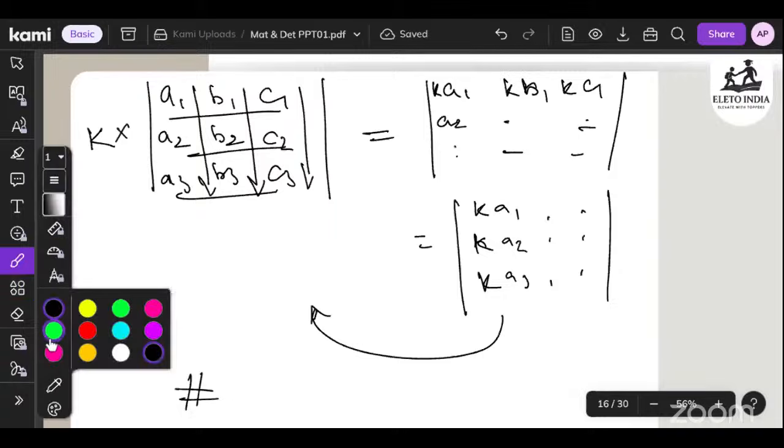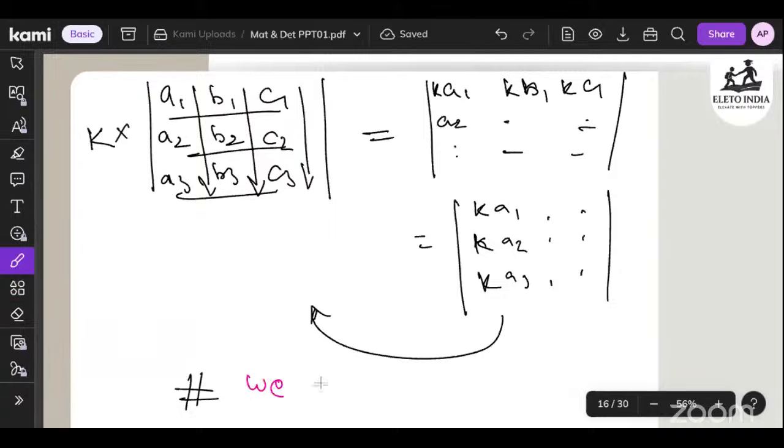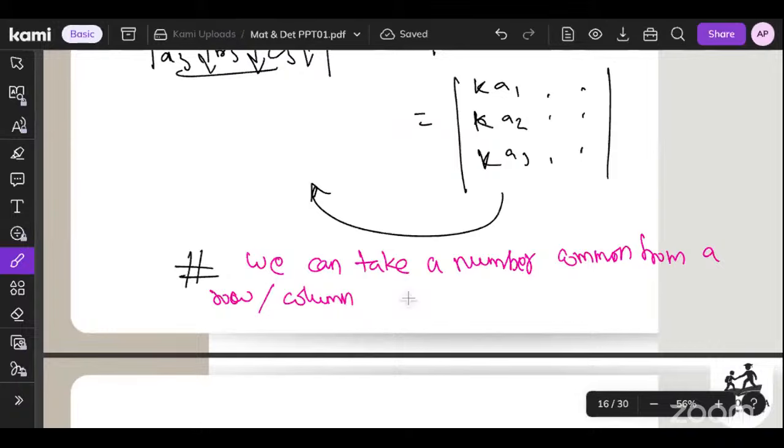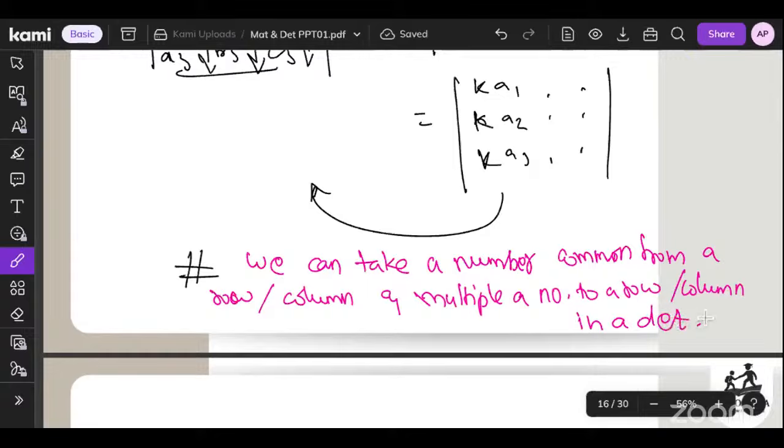Just note down this remark: we can take a common number out of a row or column, or multiply a number to a row or column in a determinant. Okay, is it clear?